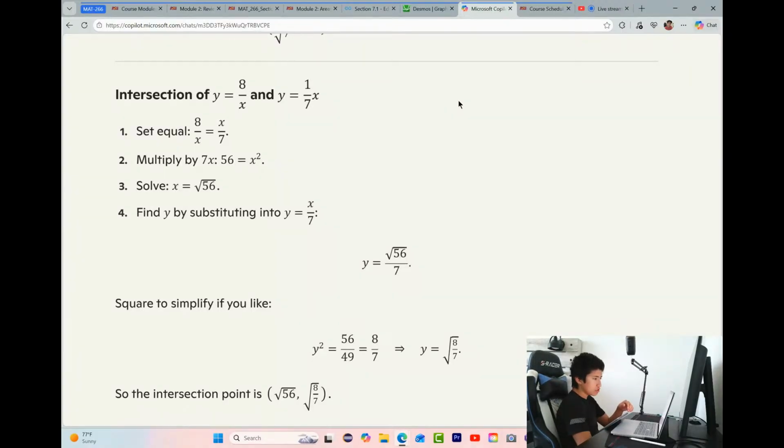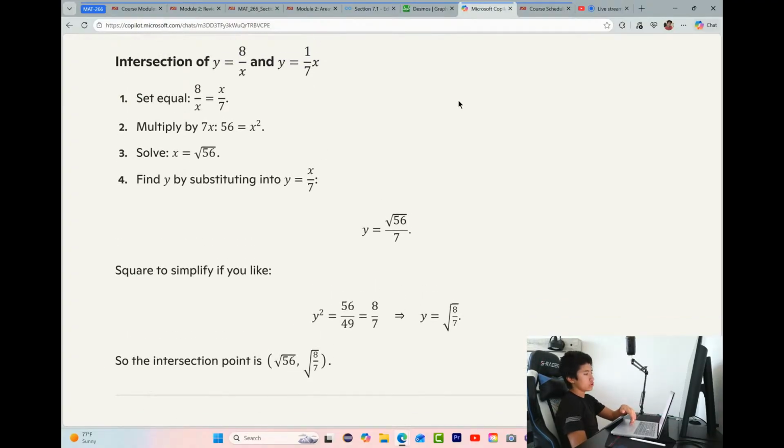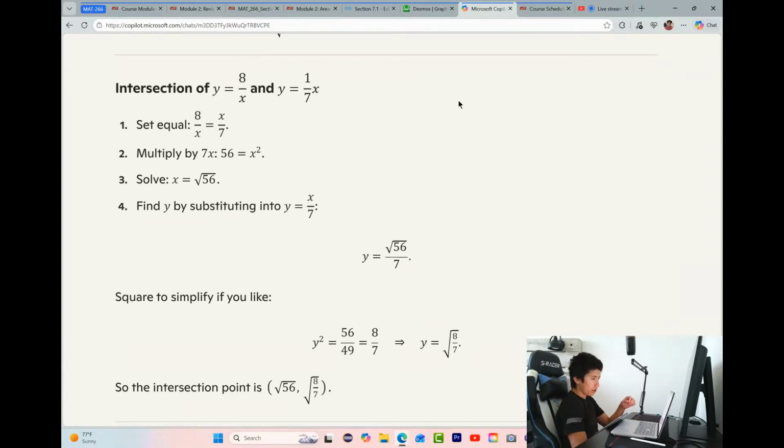Find y by substituting into y equals x over 7. So you substitute square root of 56, and you get square root of 56 over 7. So you get square root of 56, comma, square root of 56 over 7. And coincidentally, you get square root of 8 over 7.